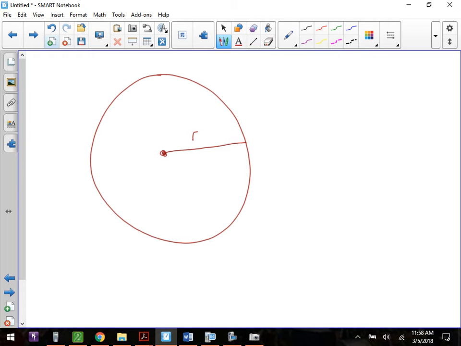Now you have this radius. Also inside of a circle, you have something that's called a diameter. A diameter is actually something that's called a chord. You ever heard that before in terms of a circle? A chord in a circle is a segment that has endpoints on the circle. Whereas the radius has one endpoint on a circle, the other endpoint's at the center.